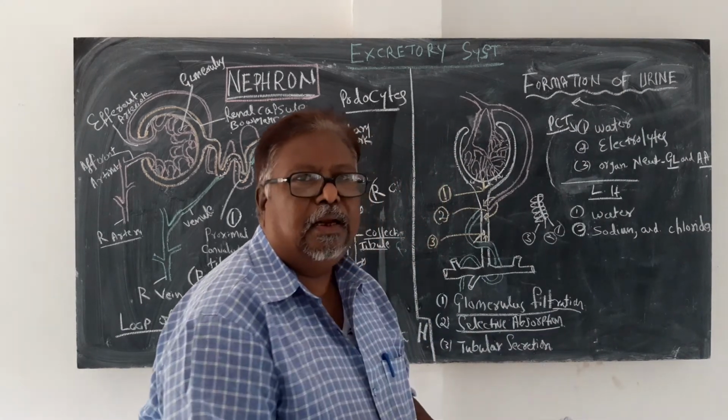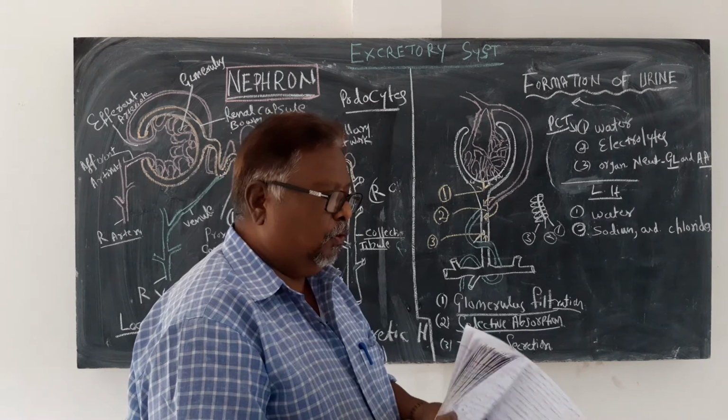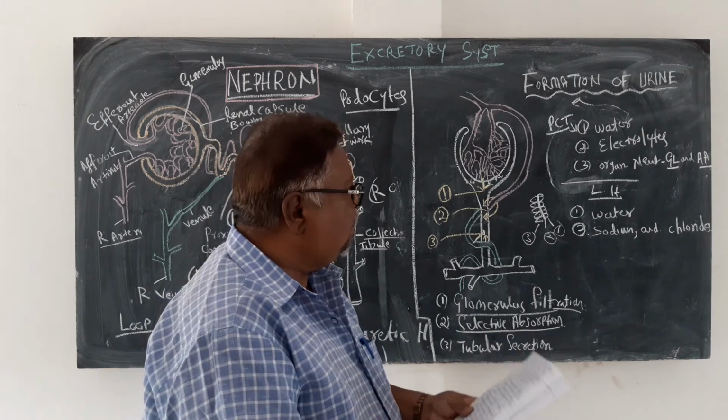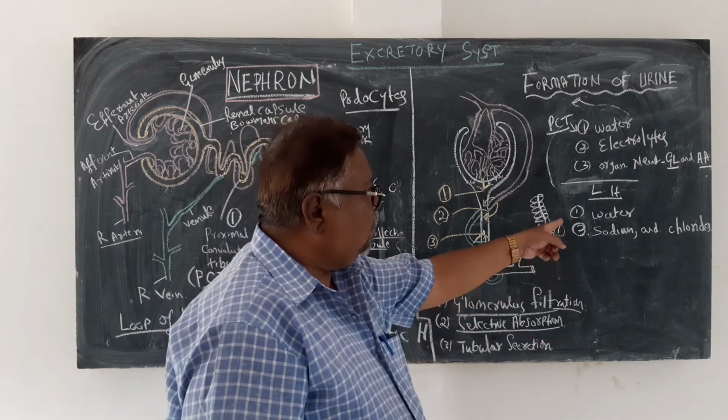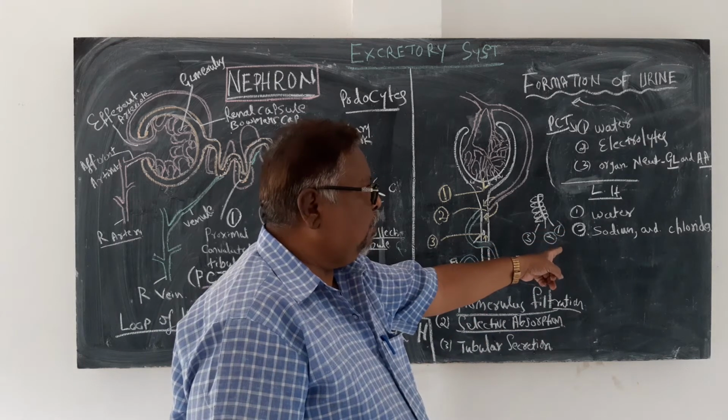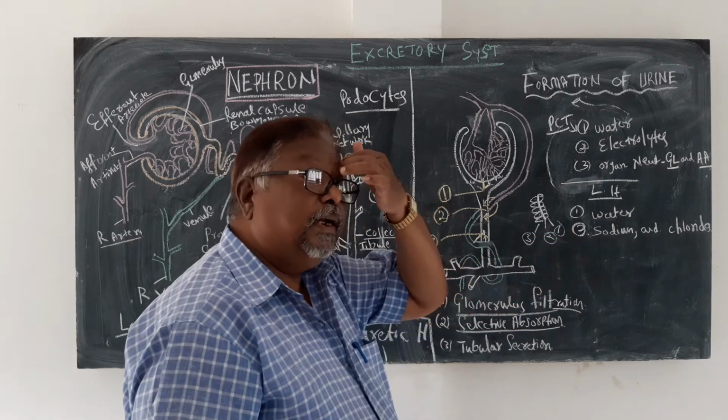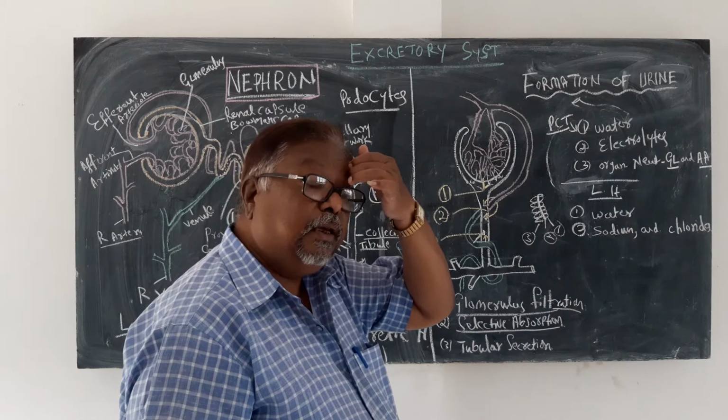So in the loop of Henle, the reabsorption takes place again. The water is reabsorbed, sodium is reabsorbed, and the chlorides, which are very necessary for the blood.